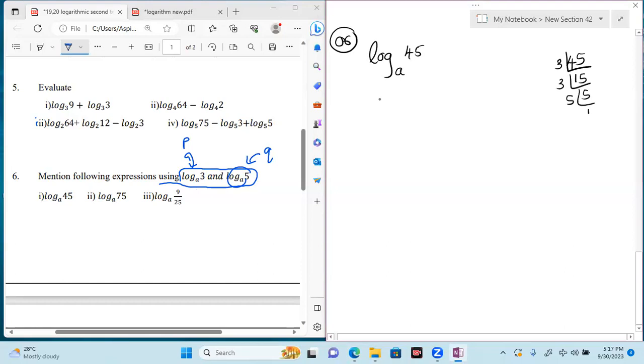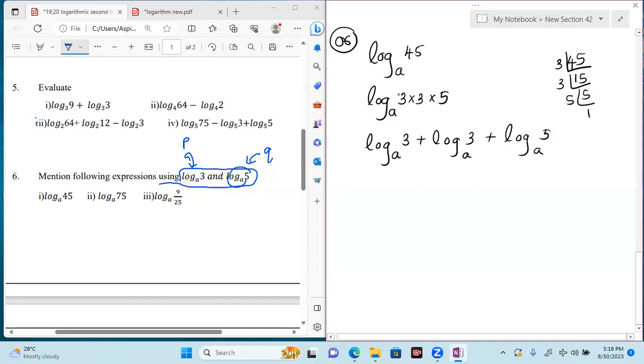So now you can write logarithm of 45 to the base a as 3 into 3 into 5. Now we write this separately: logarithm of 3 to the base a plus logarithm of 3 to the base a plus logarithm of 5 to the base a.